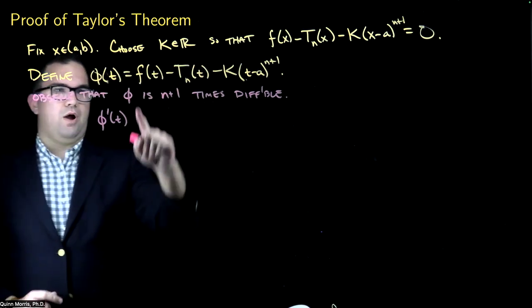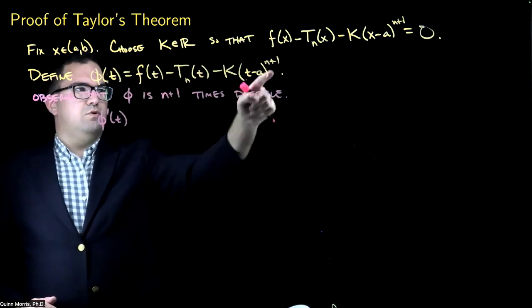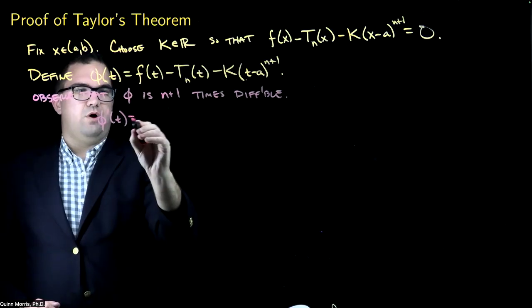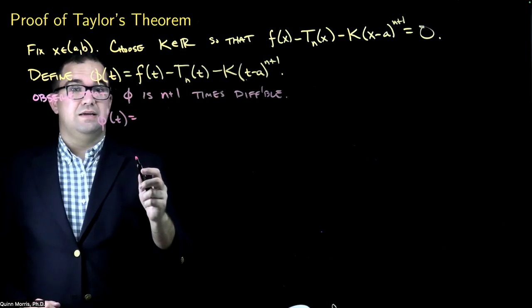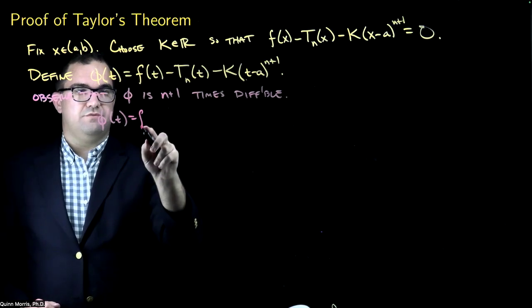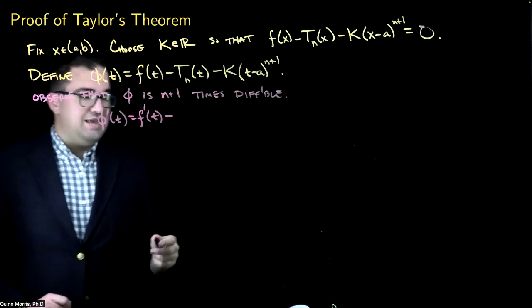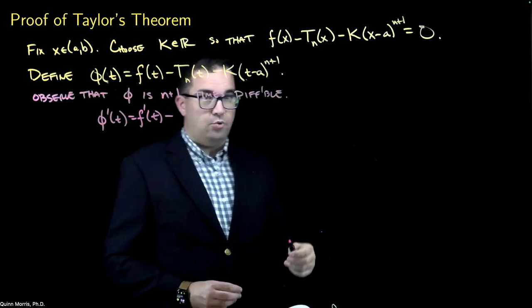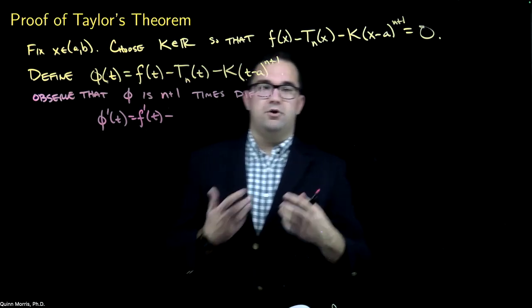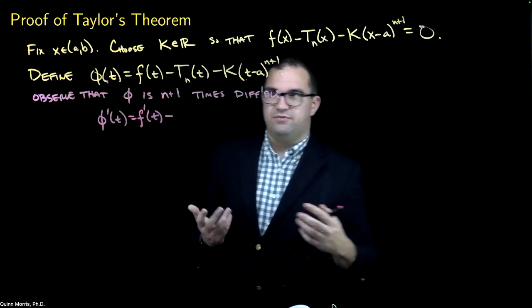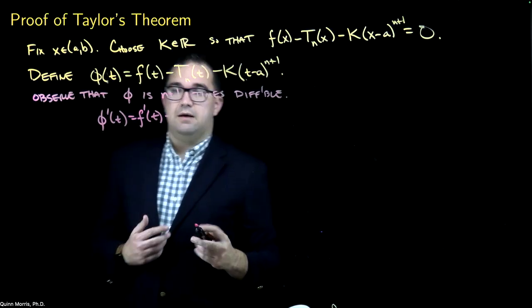Well, the derivative of phi would just be the derivative of all of this stuff. By assumption, f is n plus 1 times differentiable, so certainly it's once differentiable. T sub n is a polynomial of degree n. Polynomials are always infinitely differentiable, in fact.